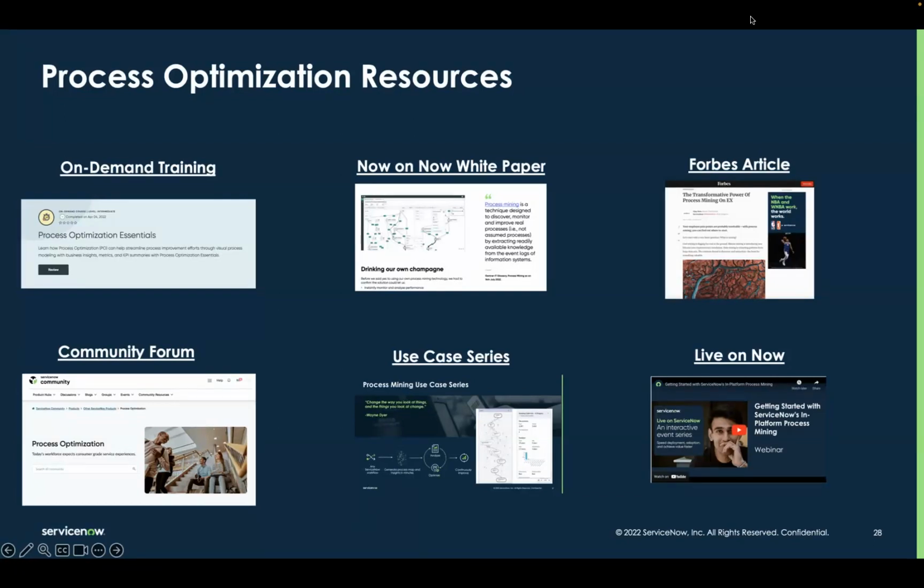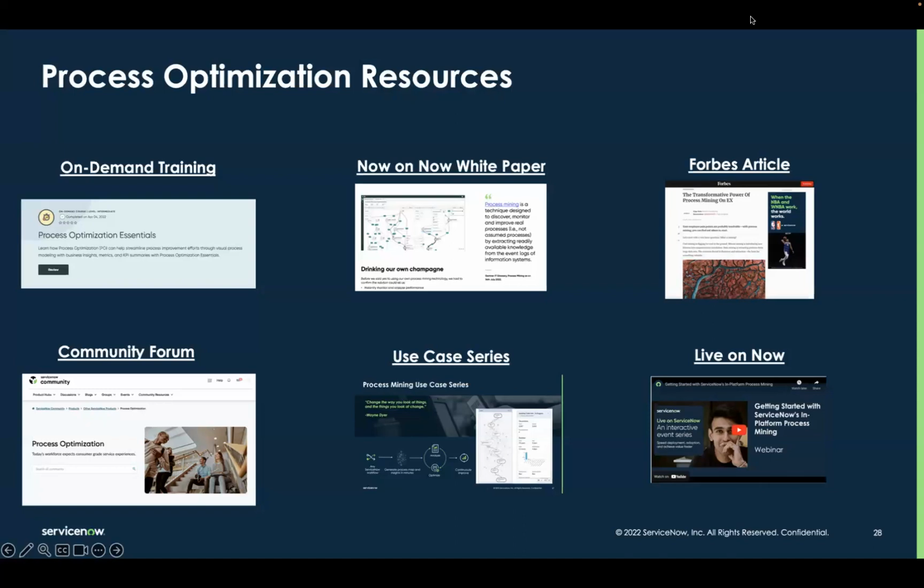There is a course out there that will help you get more familiar with the foundational skills and knowledge that you need to take advantage of maybe some of the more advanced things that we showed here today. There's a really good Now on Now white paper out there in terms of how we've attacked process mining here at ServiceNow and how we structured our program and some of the initial findings we had.